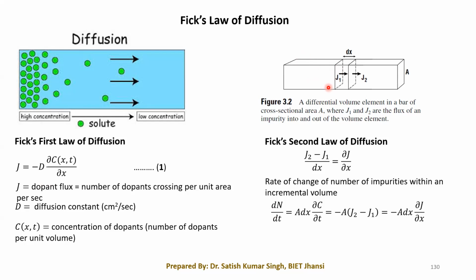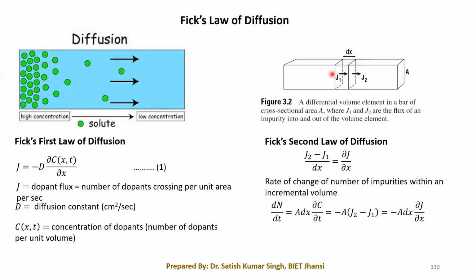J1 is the number of dopants crossing this plane per unit time. J2 is the flux by which dopants are coming out of this plane per unit time. These areas are constant.